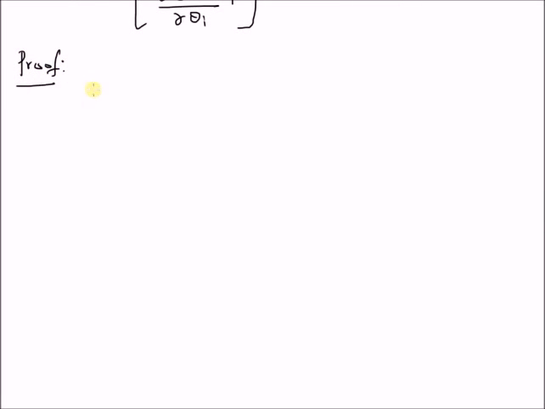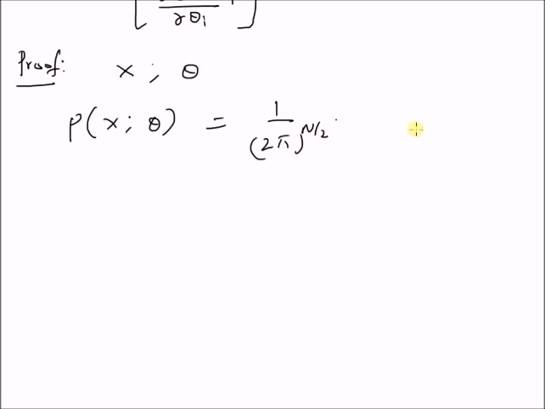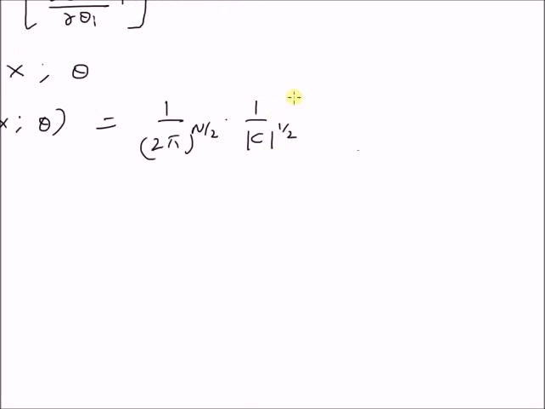So first we construct the log likelihood function of the vector x with the parameters theta, that is, we want to construct the likelihood function, which is by definition 1 by (2 pi) power n by 2, multiplied by 1 by the determinant of the covariance matrix C of theta power 1 by 2, multiplied by the exponential of minus 1 by 2 (x minus mu) transpose C inverse (x minus mu).